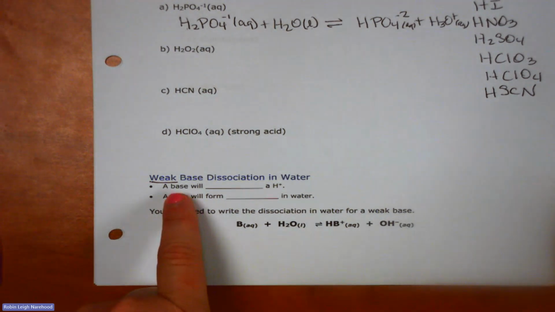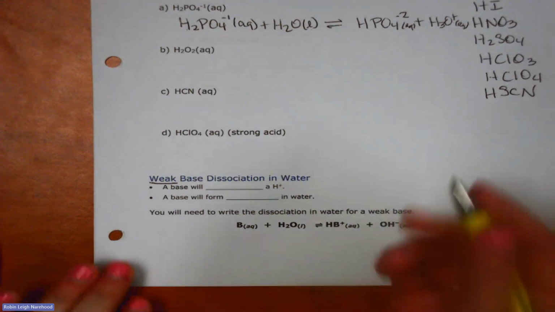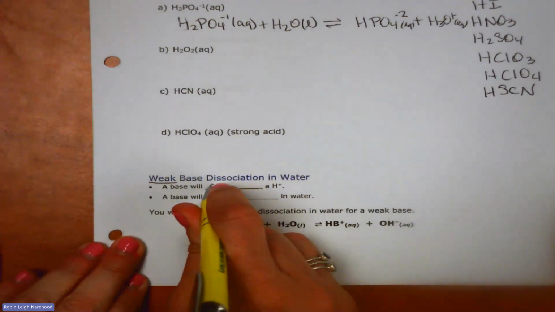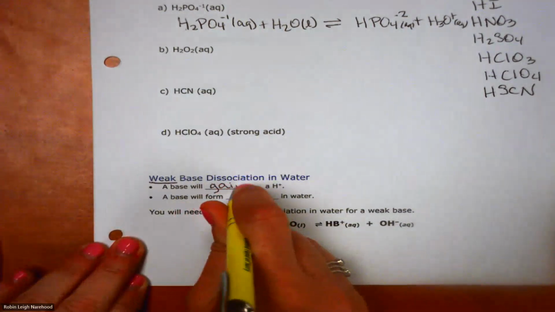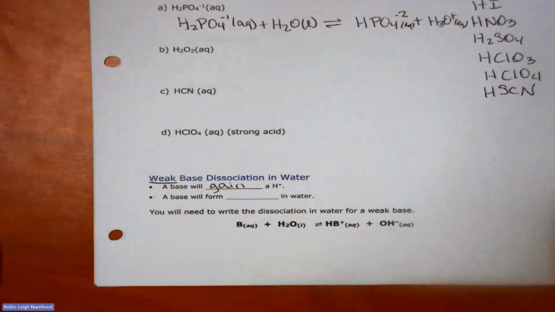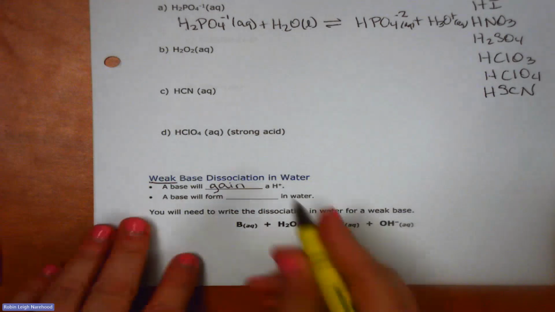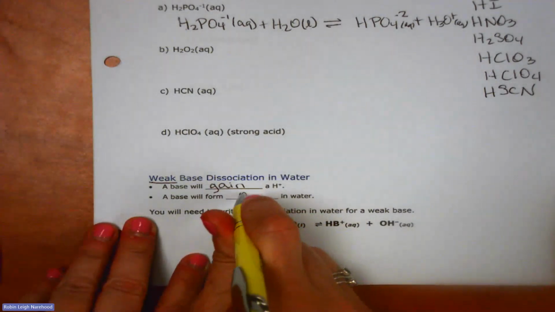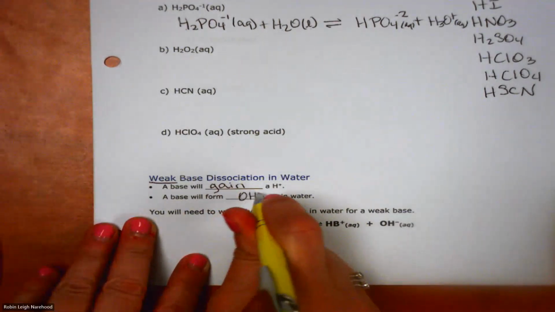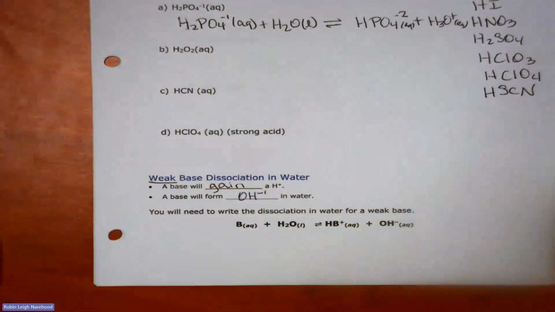Because a base is a substance that will gain an H plus, and it forms hydroxide, which is OH -1 in water.